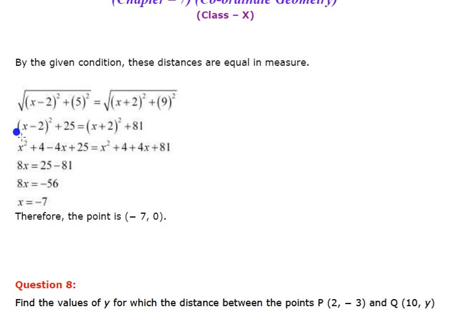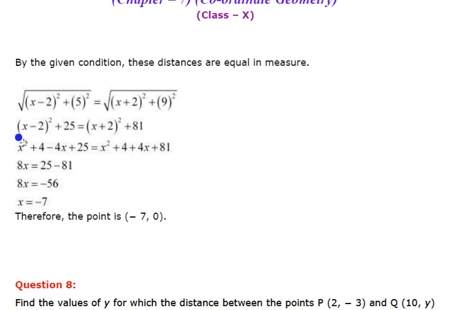So you will get (x minus 2) whole square plus 5 square, which is 25, equals (x plus 2) whole square plus 9 square, which is 81. So just open this bracket: (a minus b) whole square is a square plus b square minus 2ab, then 25 will remain as 25. Then open this bracket: (a plus b) whole square is a square plus b square plus 2ab, and 81 will remain as 81.